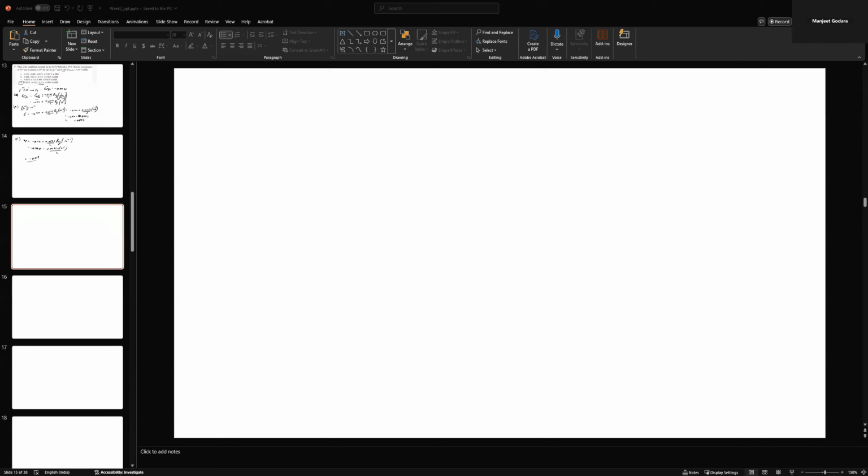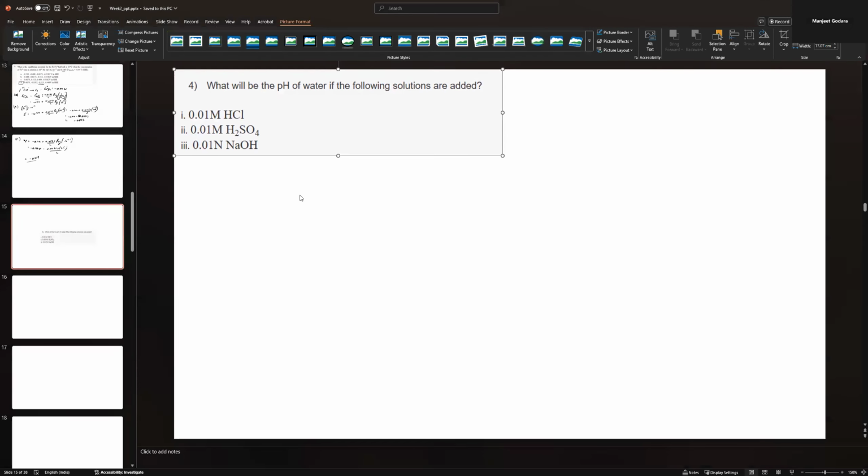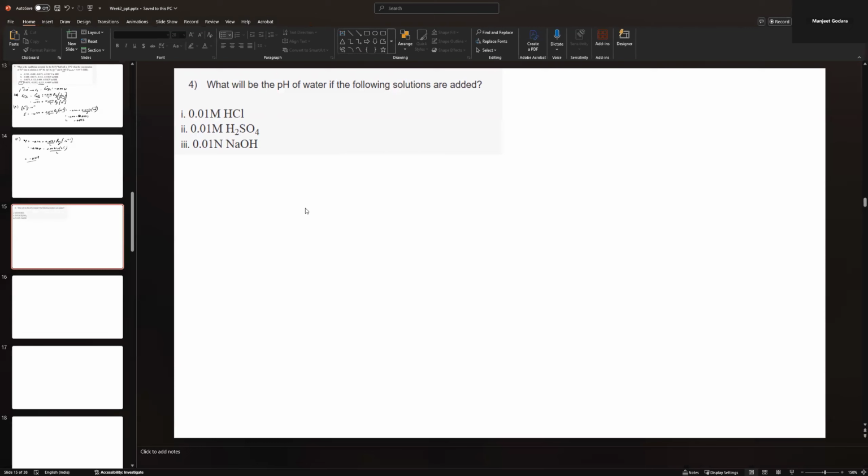Next question: we're asked about pH. What will be the pH of water if the following solutions are added?